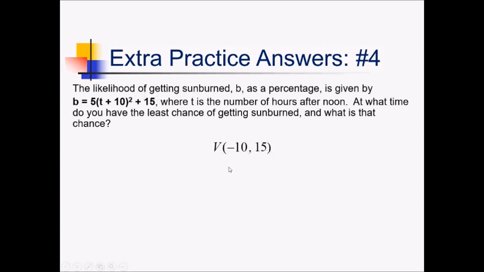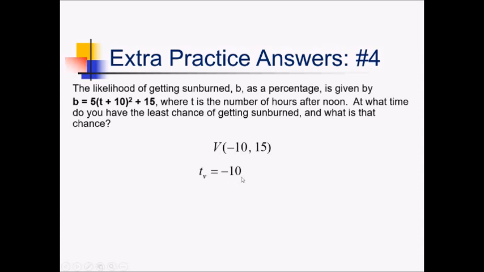Okay, so we have negative 10 as the input value. That's telling us the time at which we have the least chance of getting sunburned. So we have a time of negative 10 hours, but since t represents hours after noon, this is saying 10 hours before noon is our least chance of getting sunburned.